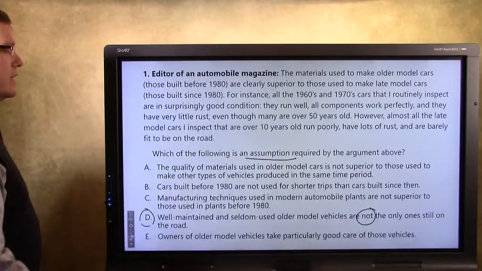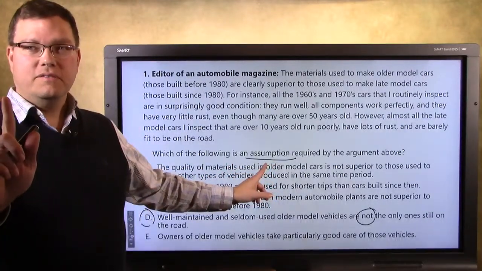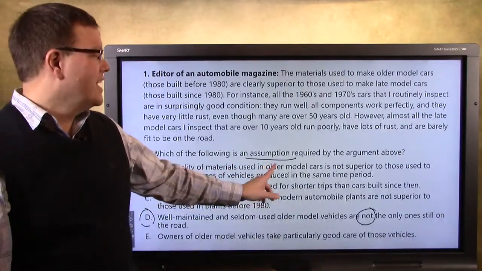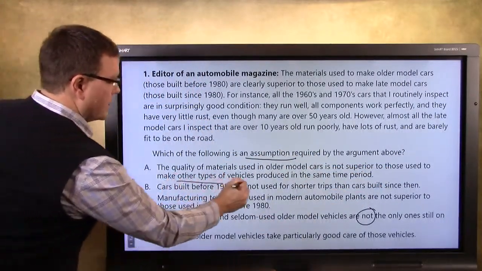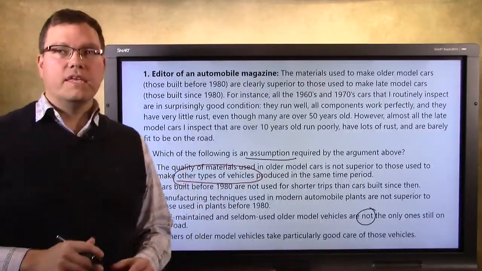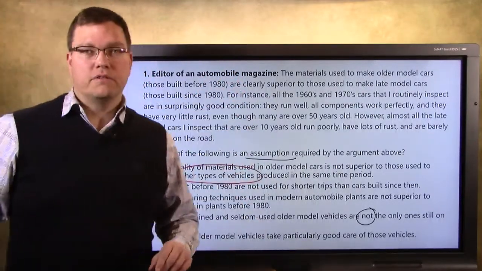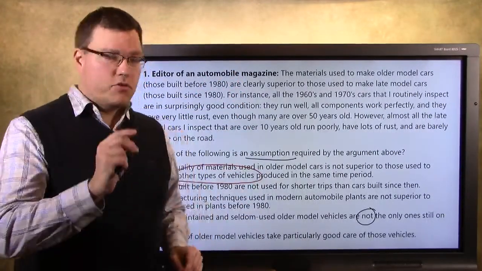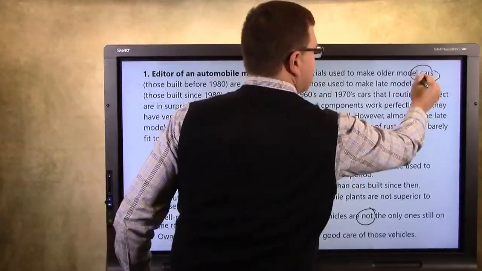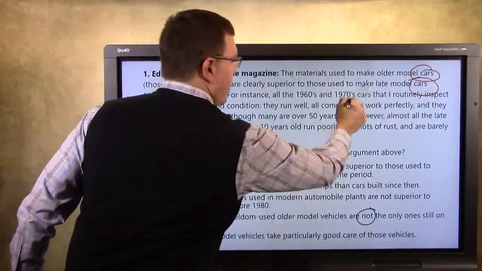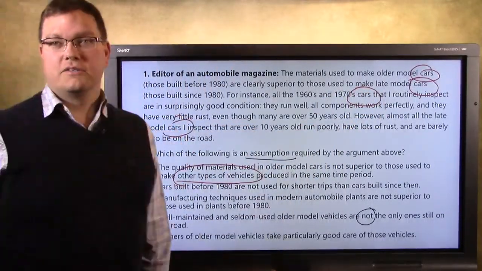What about A? The quality of materials used in older model cars, listen to this one now, is not superior to those used to make other types of vehicles. This is a really important aspect. We're not talking about other types of vehicles. This is why we have to read very, very carefully, because it says cars.